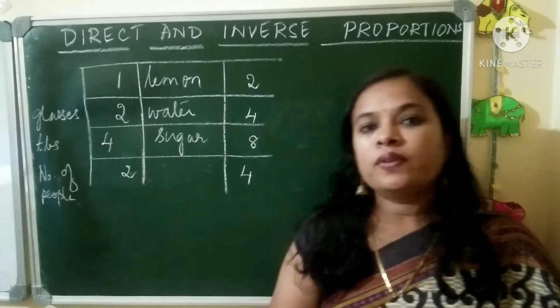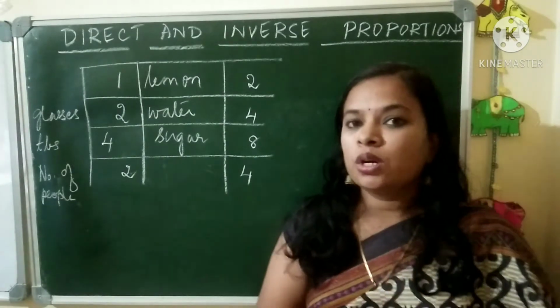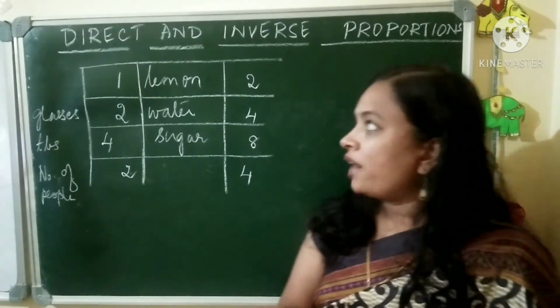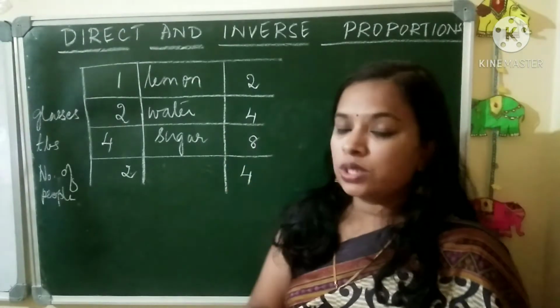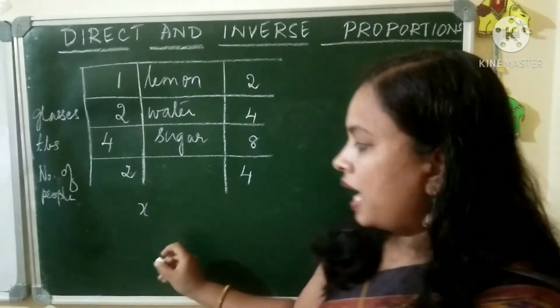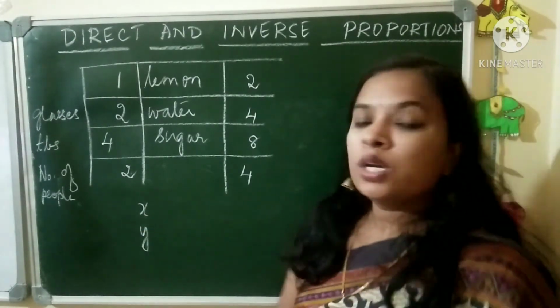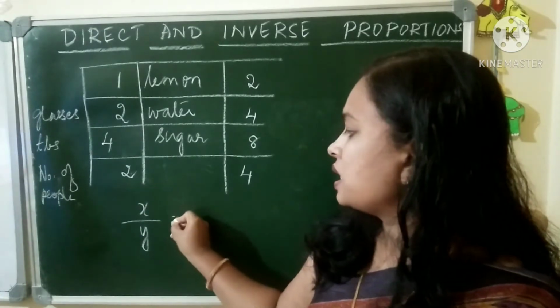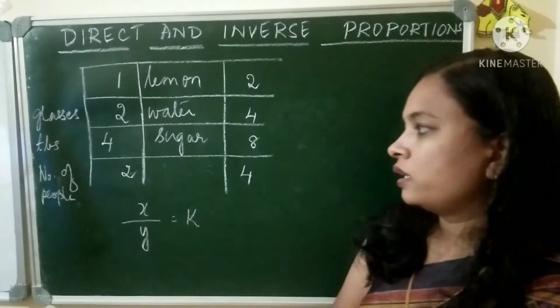Okay, so now we will consider the two quantities as x and y. You have to remember, in direct proportion, if I am taking x and y, the ratio x divided by y is equal to a constant.